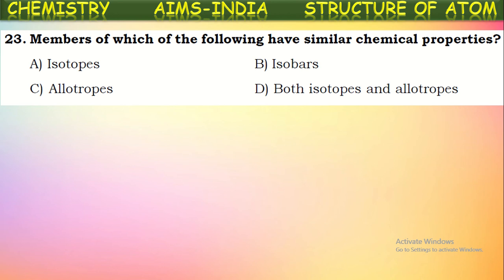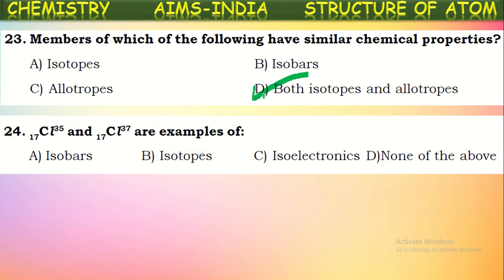So we can say here isotopes and allotropes both will have similar chemical properties, because in isotopes the atomic number is the same, so they have similar electron configurations, and in allotropes also the element is the same, only the difference is in physical existence. Okay, so both allotropes and isotopes will have similar chemical properties.